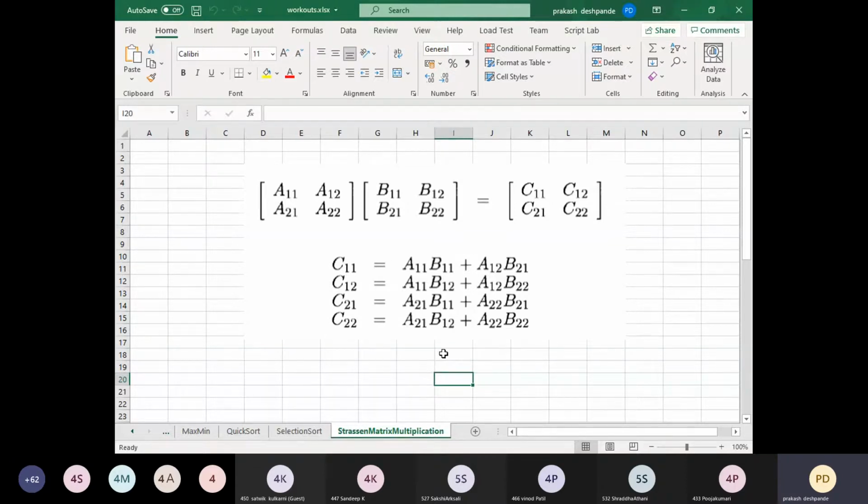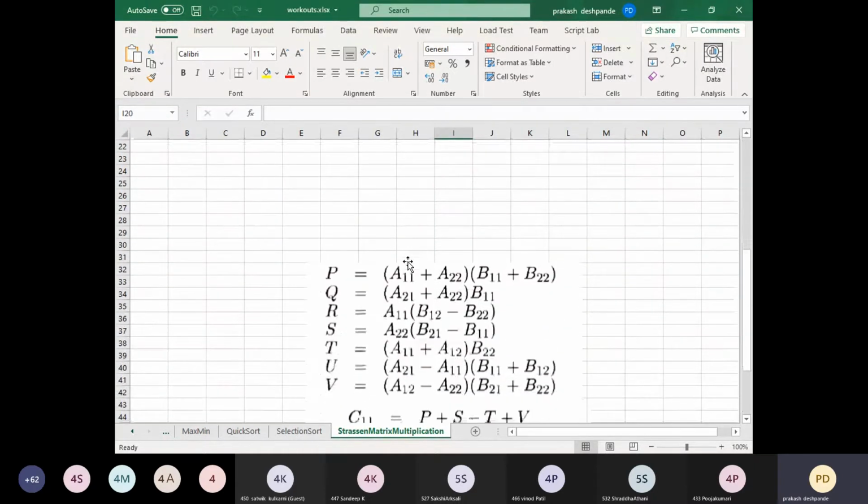For a 2 cross 2 matrix, this means 3 nested for loops in the program, which yields a big O of n cube.